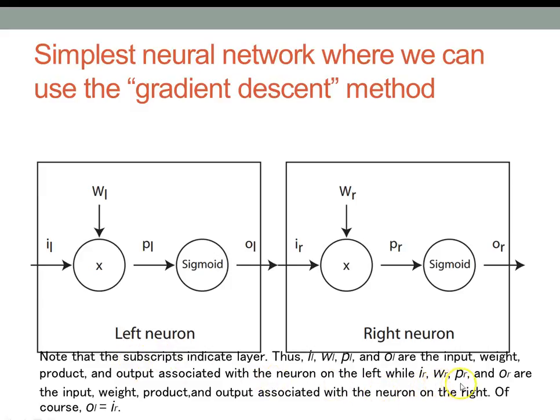And IR, WR, PR, OR are the input, weight, product, and output associated with the neuron on the right. Of course, OL equals IR. All right, so we have this notation.